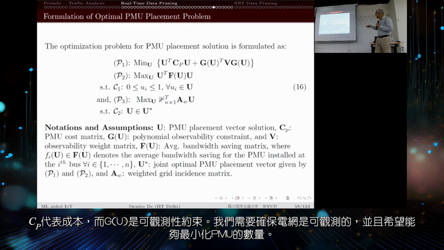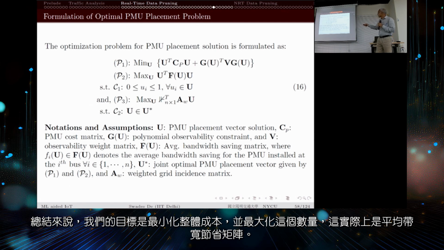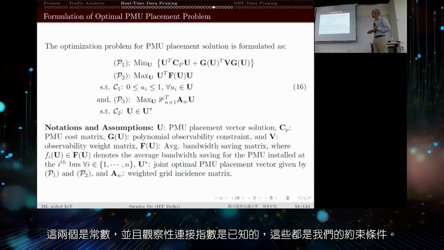So we have to ensure that the grid is observable, and we want to minimize the number of PMUs so that this overall cost is minimized, and maximize this quantity. This is actually the average bandwidth saving metric. In other words, we want to maximize that so that we can prune as much as possible. So these two are the constraints, and given this observability, your grid connectivity index is given to us.